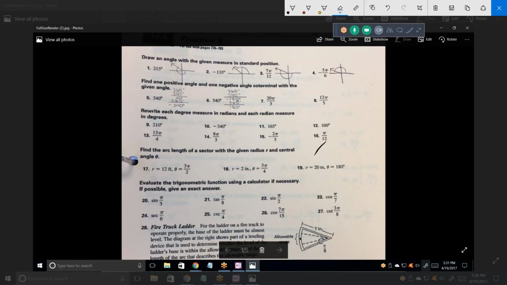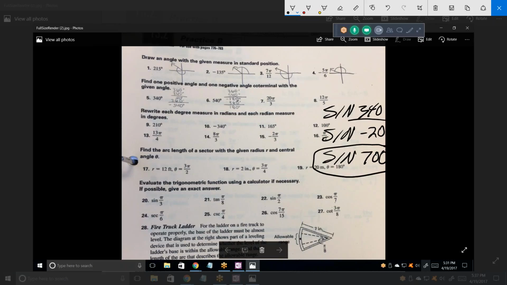In other words, if we take this first one, 340, the sine of 340 is going to be the same as the sine of minus 20. It's also going to be the same as the sine of 700. Remember, this was our positive one and this was our negative one.